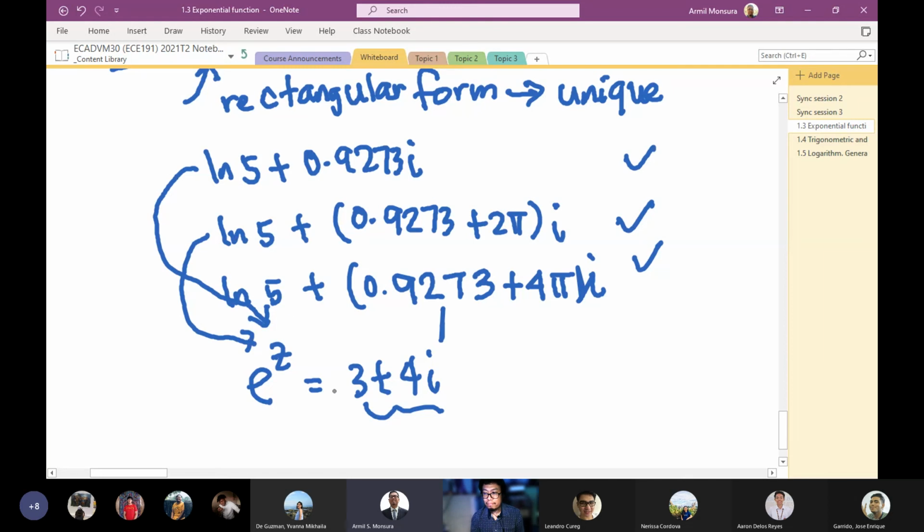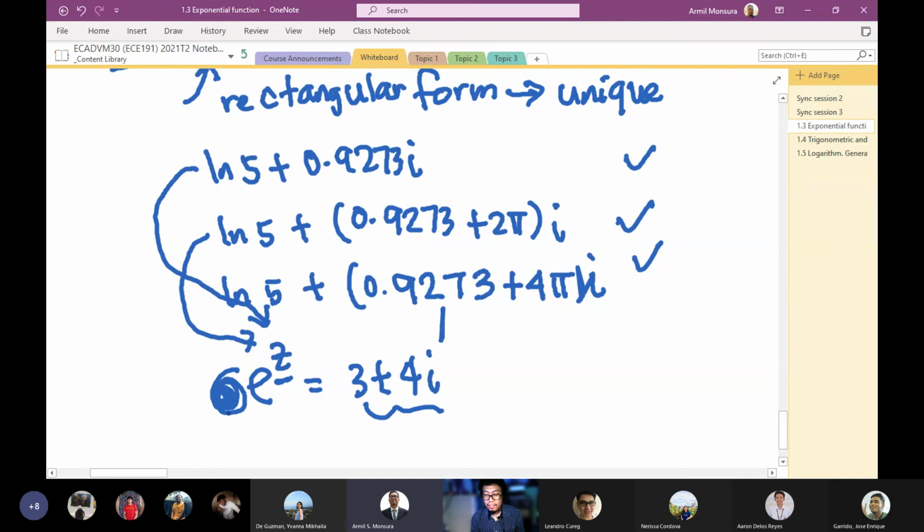Even if they are different numbers, pag ito, sinubstitute nyo dito sa Z, again, that should still give you 3 plus 4i. And so on. So, it means that there are multiple values of Z that can satisfy this equation.